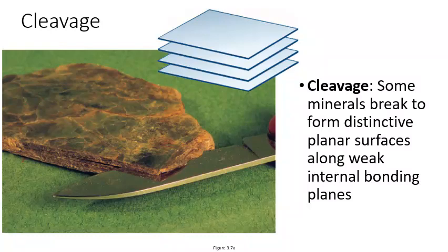So we often call micas book micas. And this is cleavage. Not all minerals have cleavage, but for the ones that do, it really helps identify the mineral if you are able to identify the cleavage.